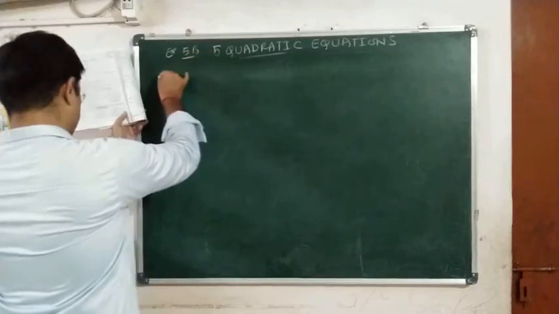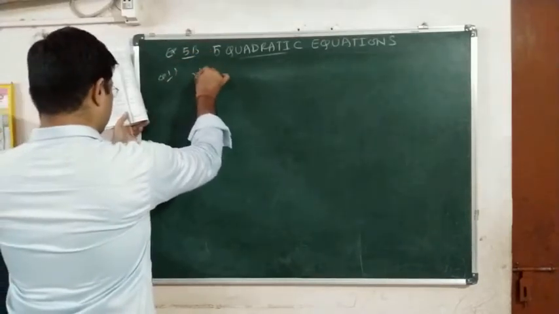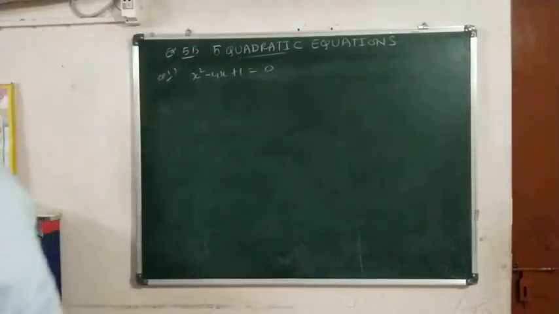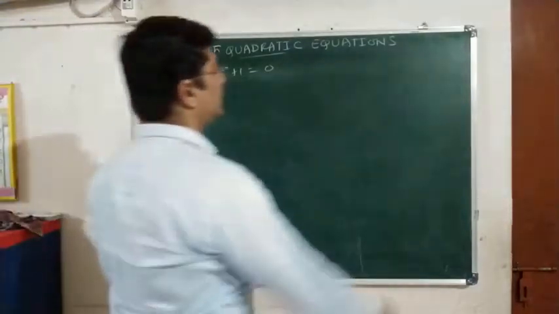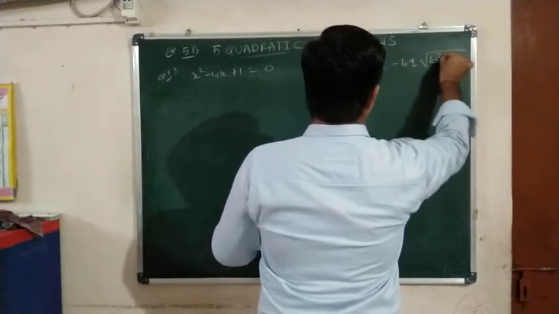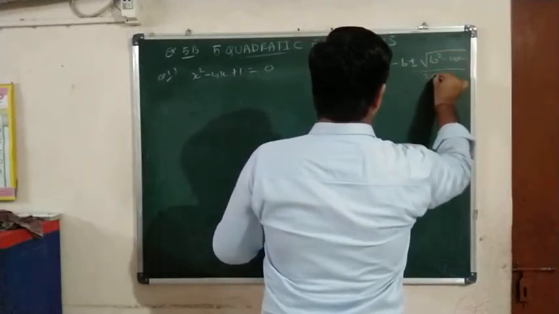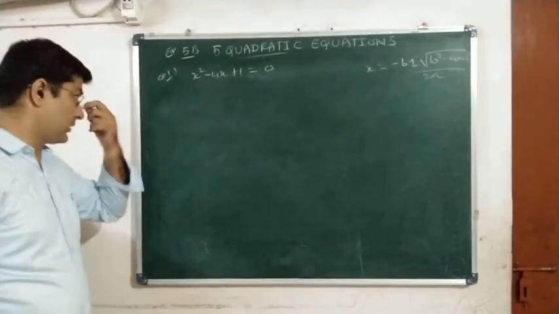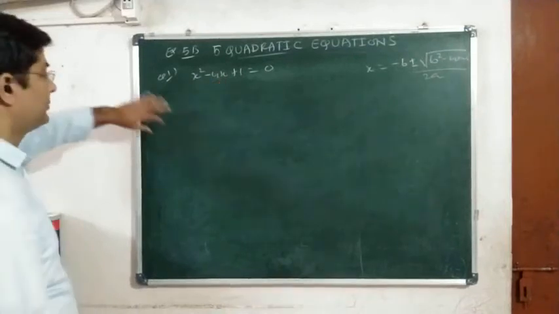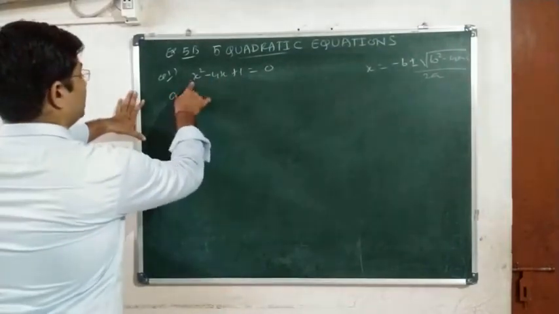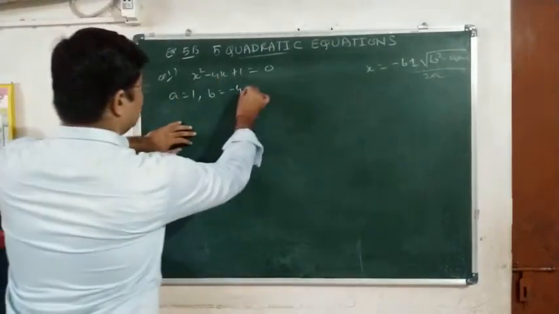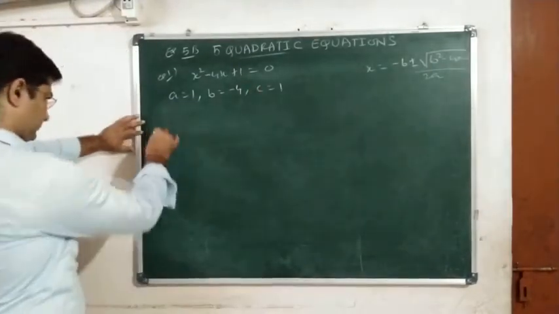Exercise 5b, question number 1: x square minus 4x plus 1 is equal to 0. Here we will find the values of a, b, c. The formula is x is equal to minus b plus or minus square root of b square minus 4ac upon 2a, where a is the coefficient of x square, b is the coefficient of x, and c is the constant term. So a is 1, b is minus 4, and c is 1.